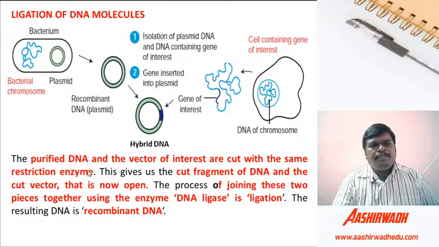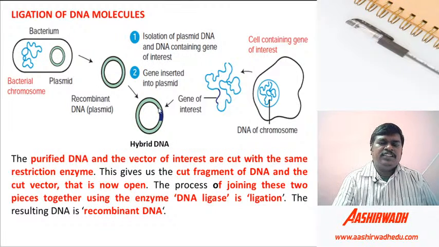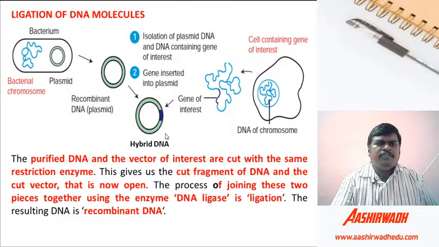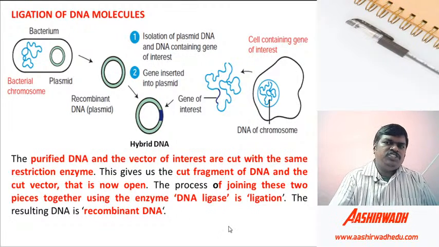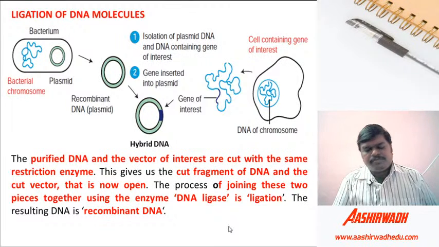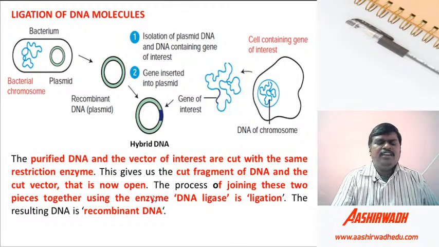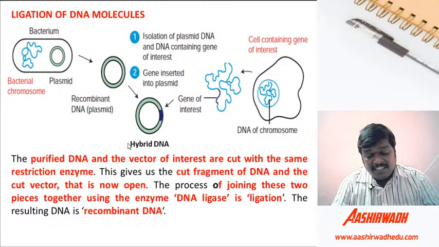The purified DNA and the vector of interest can be cut by using the same enzyme, the restriction endonuclease enzyme. And after that, what will happen? The joining of the fragments takes place. Joining of the fragment of the gene of interest and the plasmid is done by an enzyme called DNA ligase, and this process is called splicing or ligation.